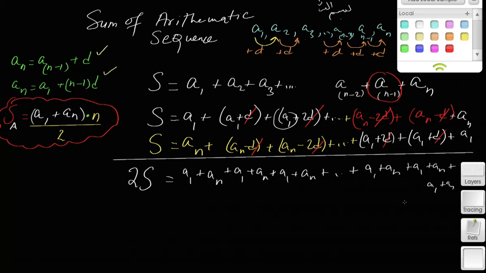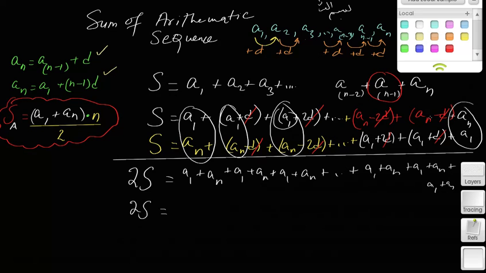So I have a bunch of a1s and a-n's. How many do I have? One pair, 2 pairs, 3 pairs, all the way up to the end. How many of those terms do I have? I have n number of terms, so I have n pairs.